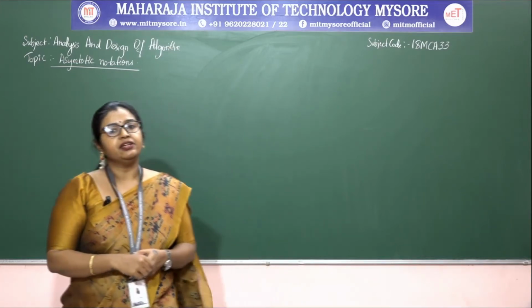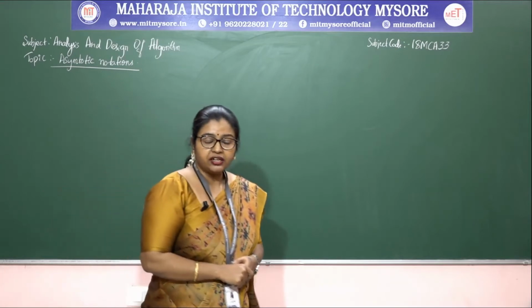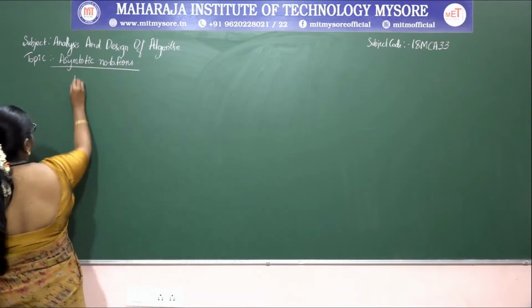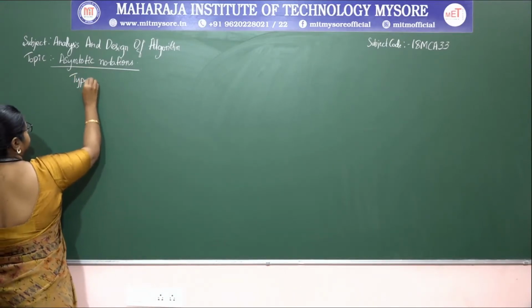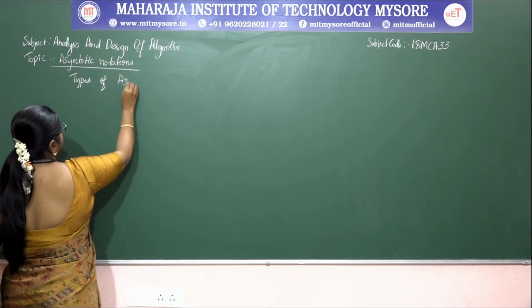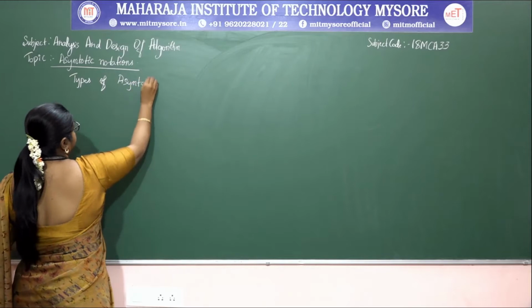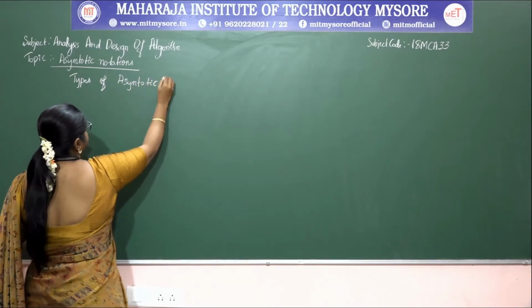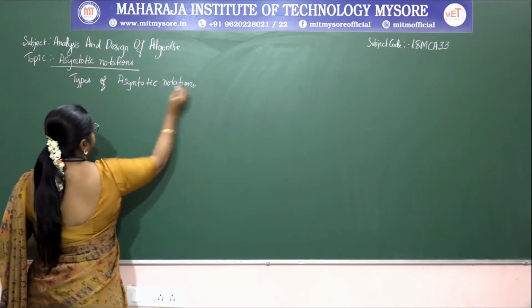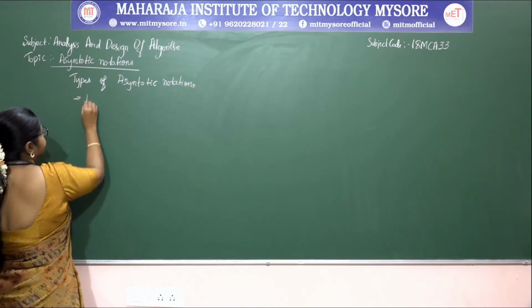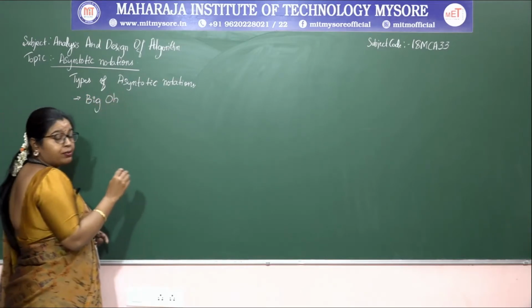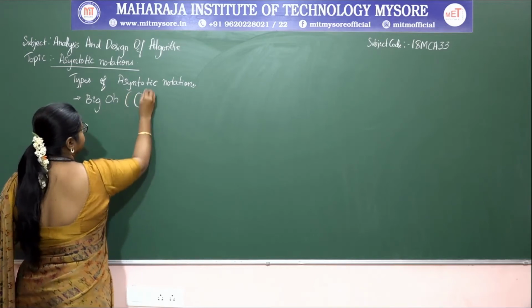Now let us see the different types of asymptotic notations. Basically we have three types. The first one is big O, which is represented using this notation.